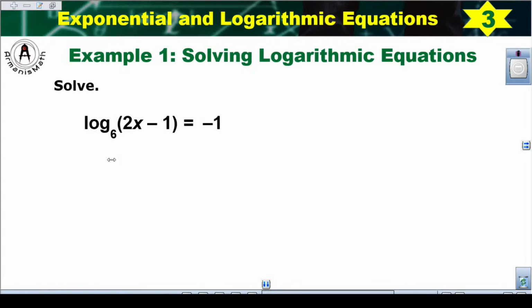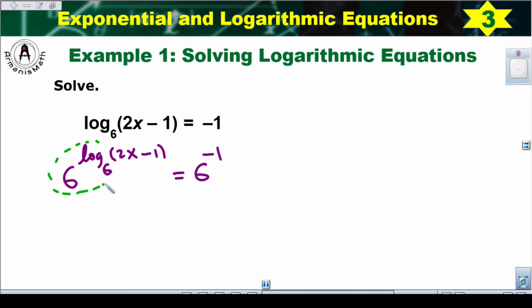I'm going to introduce a base that has a 6 in it, to cancel this 6. So my base will be 6 raised to log base 6 of 2x minus 1, equals 6 raised to the -1. Be careful with your writing, don't mix stuff up. I introduced a base to both sides because I want to do the undo thing. This thing is going to disappear, right?